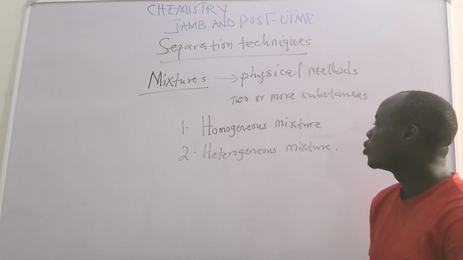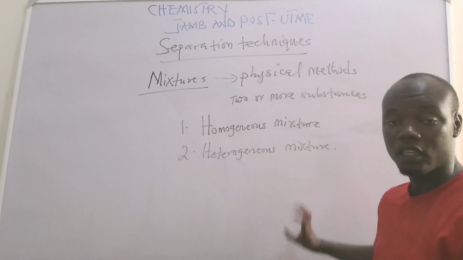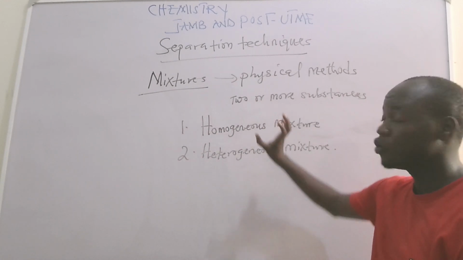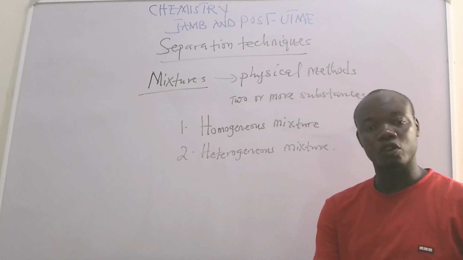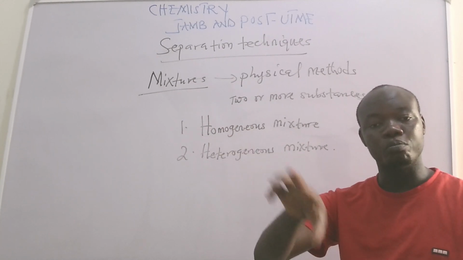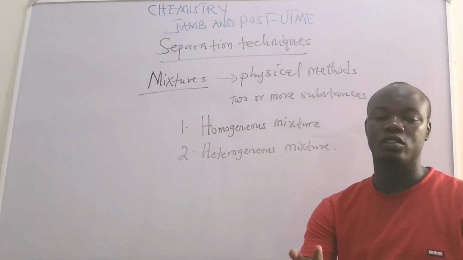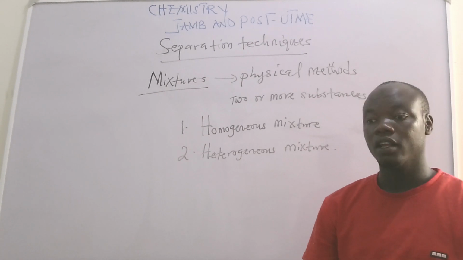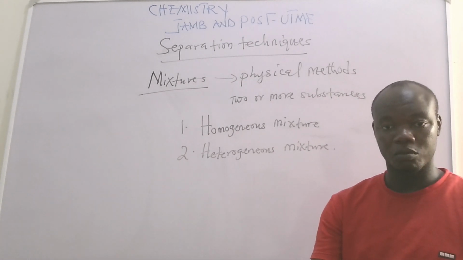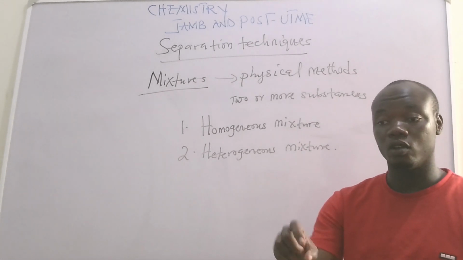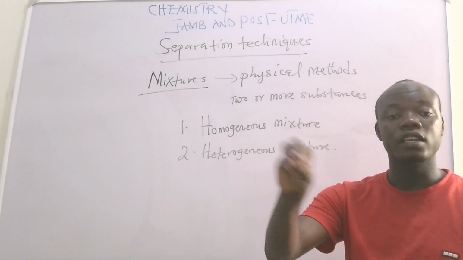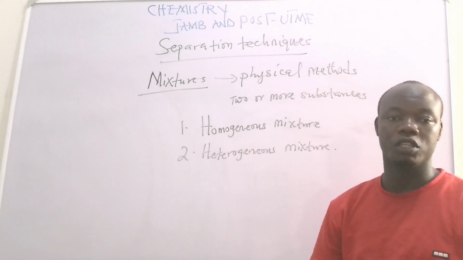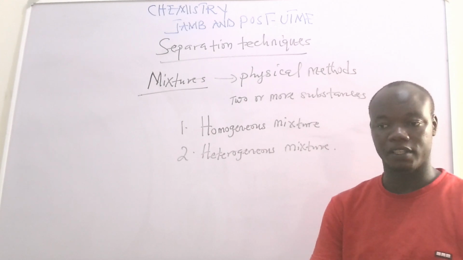When we say homogeneous mixture, it means it's a type of mixture in which, when you mix two or more substances together, you cannot distinguish them. You cannot identify the individual components of the mixture because they give you the same phase.